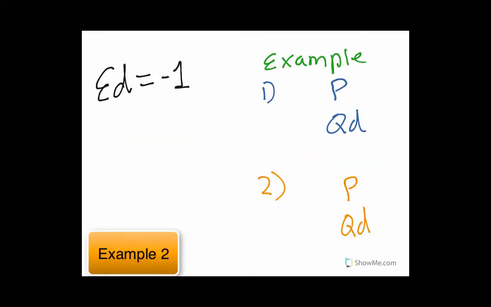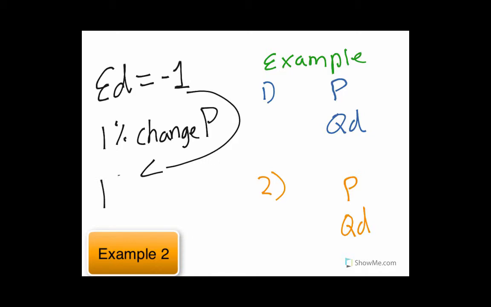Now looking at a different equation, what if we get -1 for our elasticity of demand? Well, we know that for every 1% change in price, we are going to get a 1% change in quantity demanded.